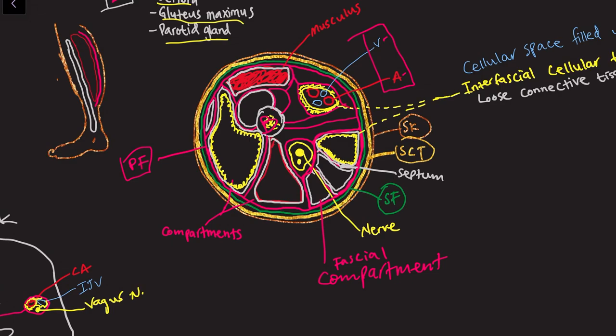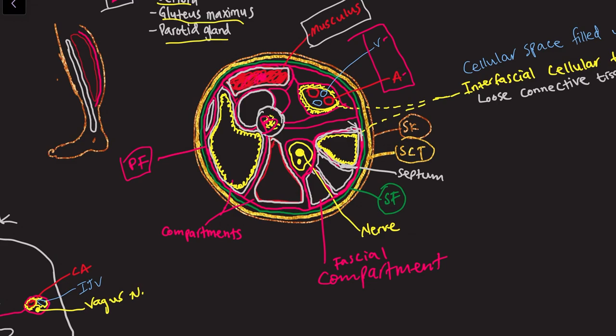Now, I said the proper fascia can divide, like for example you see here, into the superficial and the deep laminae, right? And therefore it forms a capsule around the muscle. Like here we have this muscle, and the fascia forms a capsule around the muscle.